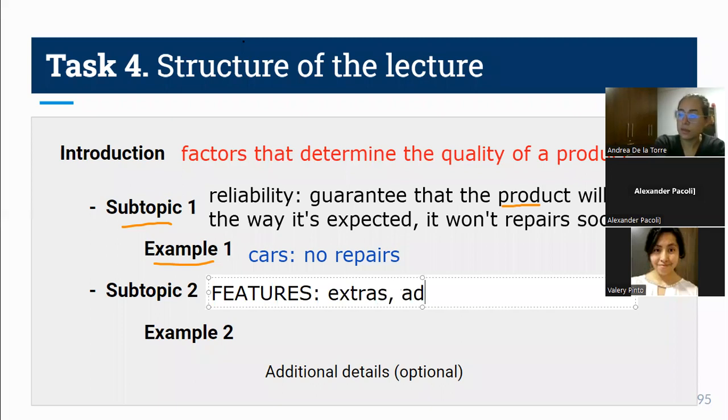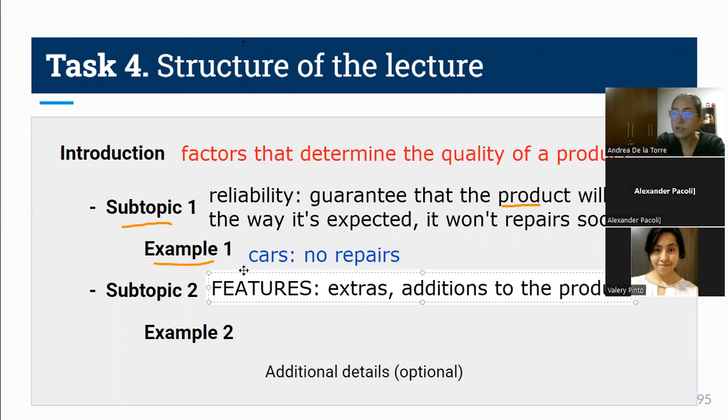Exactly. So these are things that are not necessary, right? So these are additional things, additional characteristics of a product that make the product easier to use or that make it look nice or that make it maybe look cool, right? Make it appealing for the consumer.